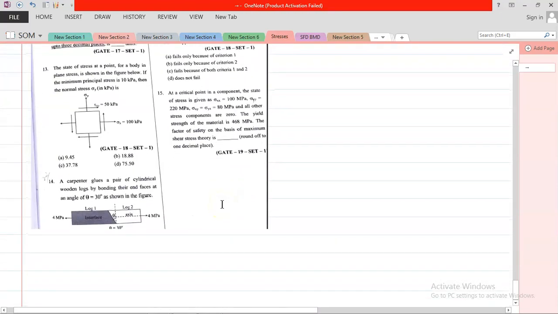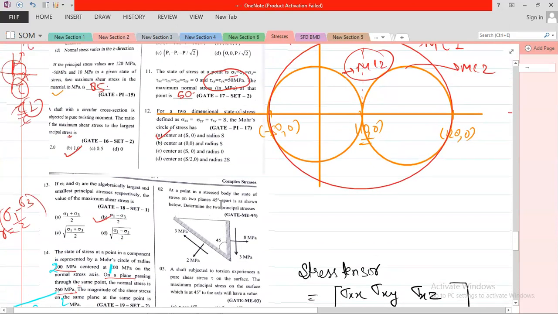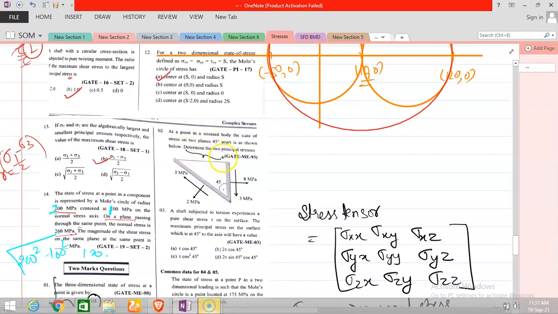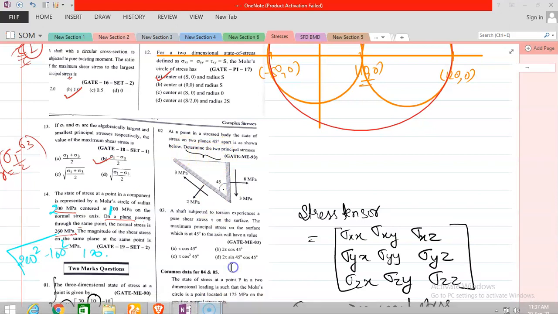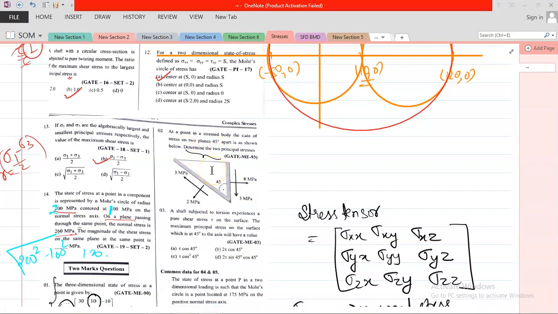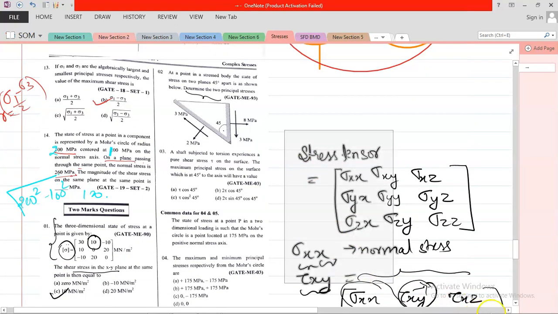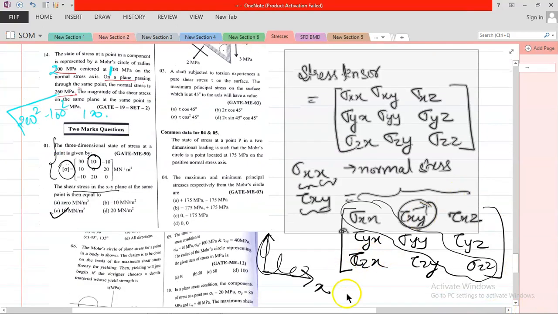Now just a few questions, only 3 pages. At a point in a stress, planes are given 45 degrees apart as shown in the figure. Determine the two normal stresses. Let me draw this here.